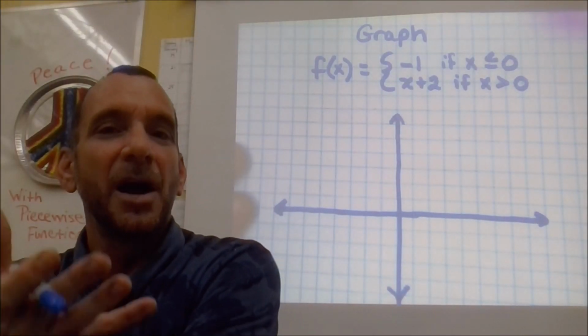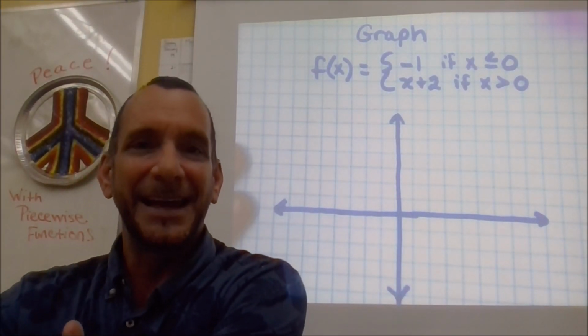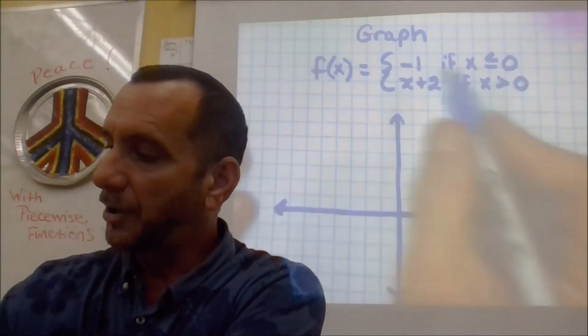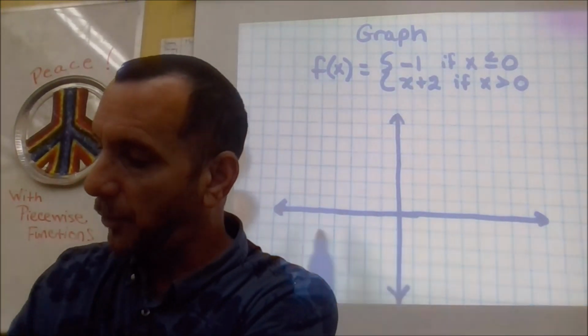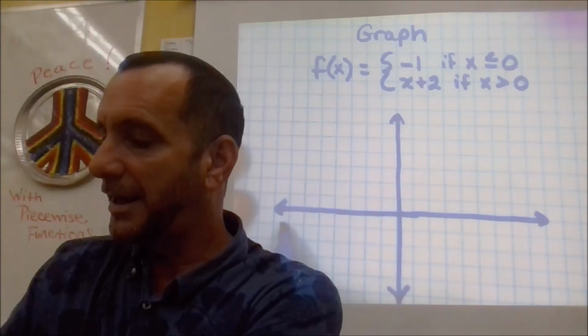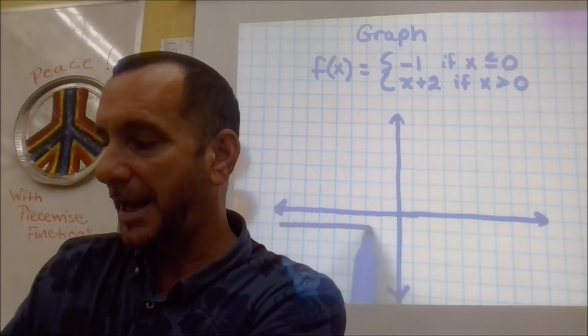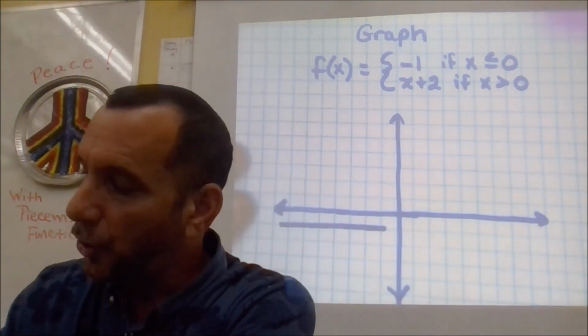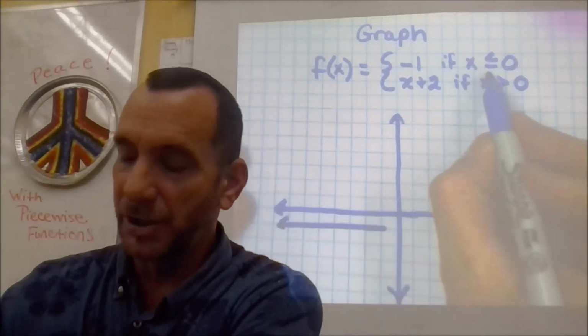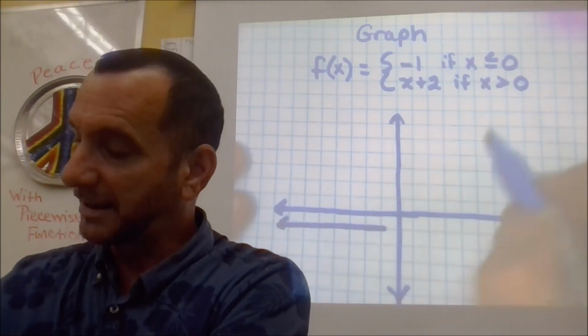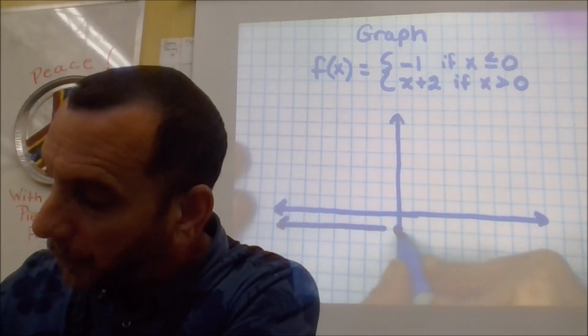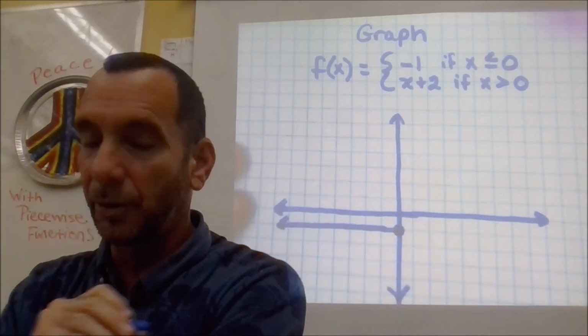Well, that's like saying y equals -1. So we know how to graph y equals -1, and it's really just a horizontal line at -1, and that occurs for the entire function when x is less than or equal to, fill in that circle, 0.